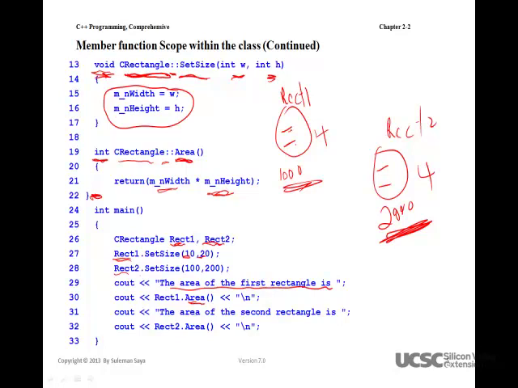And then at line number 31, all I'm doing is displaying that string, and then same thing at line number 32, calling the area function in relation to this object rect2.